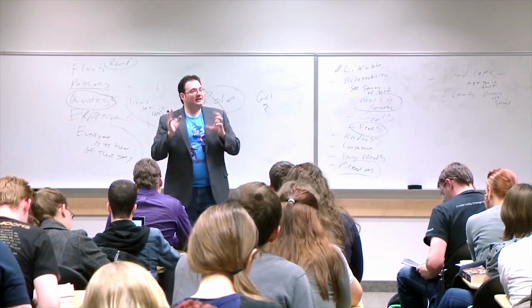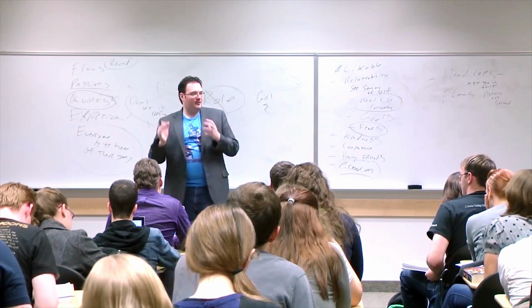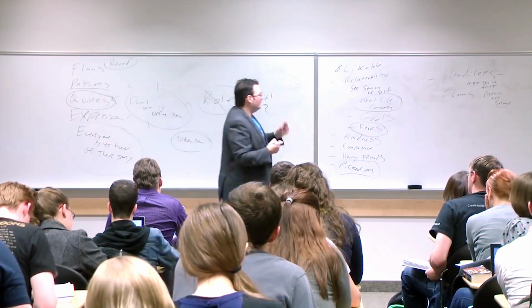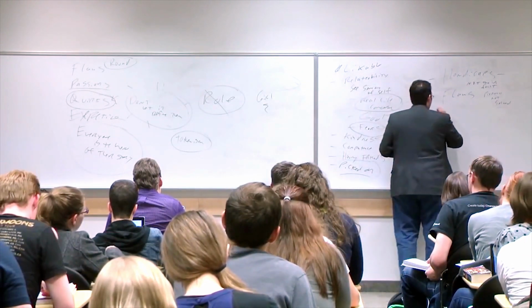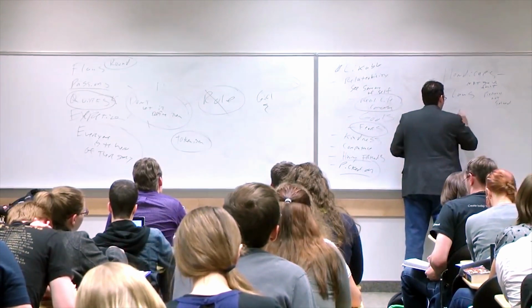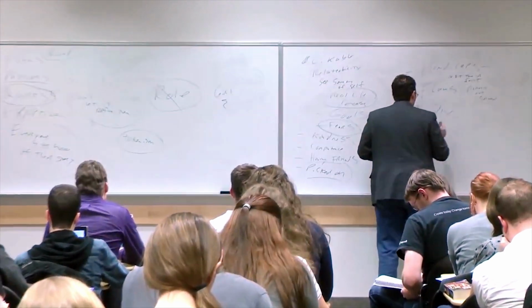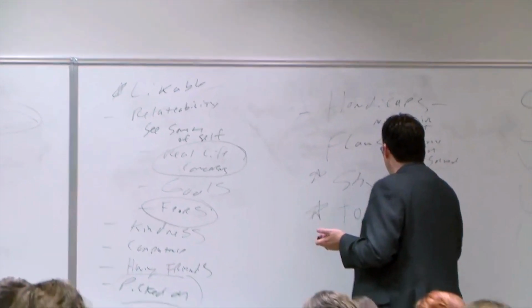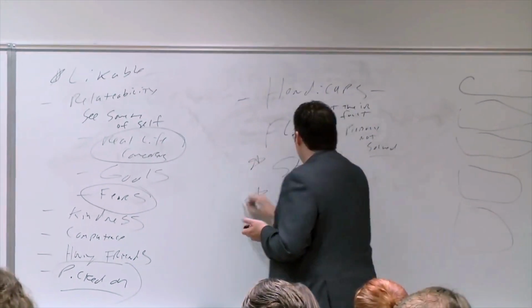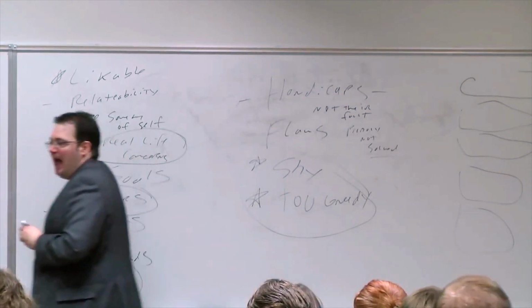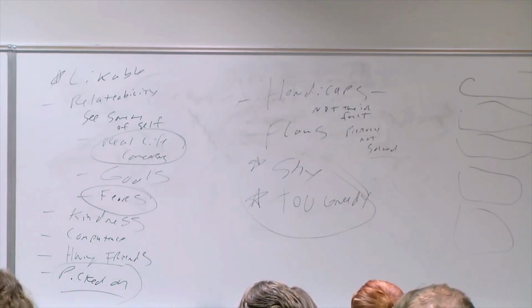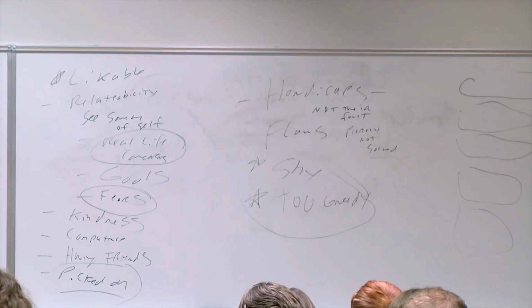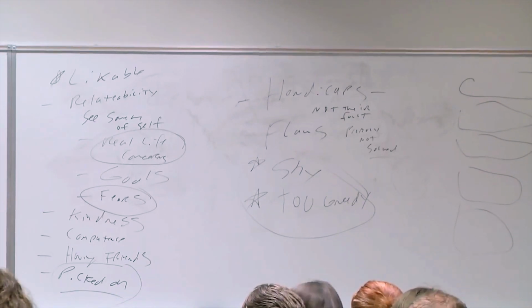That's not the idea. That is a separate plotting archetype, a character growth archetype, and the flaw, which is something like this character is shy, right? Or this character is too greedy. These are things that the character has that are their fault, or even if they're not, they are things the character has power over and should be changing through the course of the story.